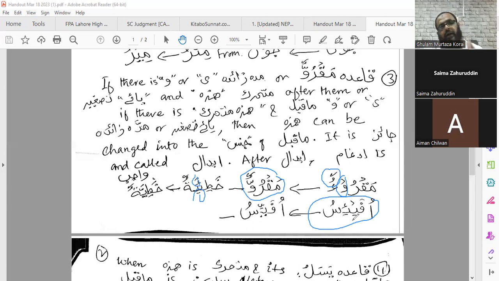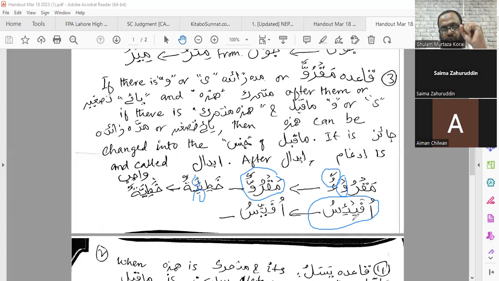I repeat whatever I have said. We say that if there is hamza mutaharrik and its ma qabal is either waw or ya madda zaida, or there is ya tasghir, then hamza can be changed into the jins of the ma qabal, into either waw madda zaida or ya madda zaida or ya tasghir, when it is ibdal. If they are changed, then the idgham is wajib.